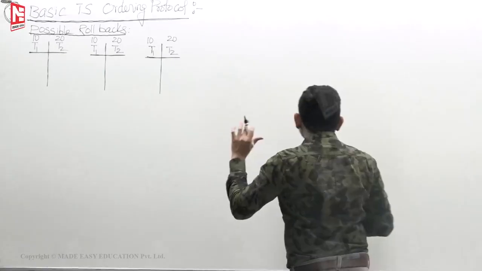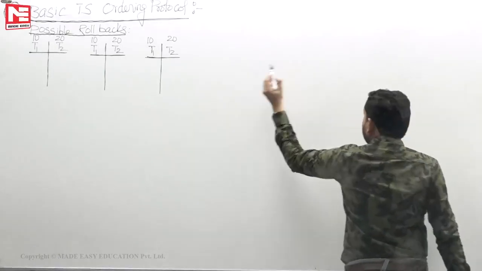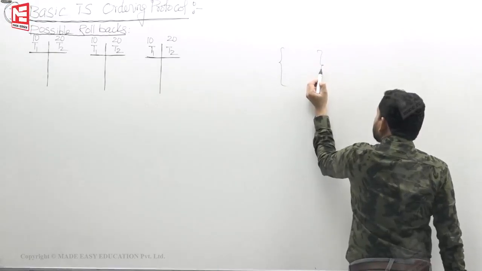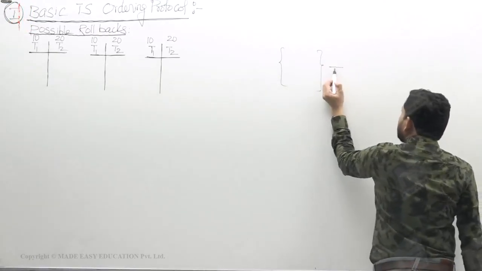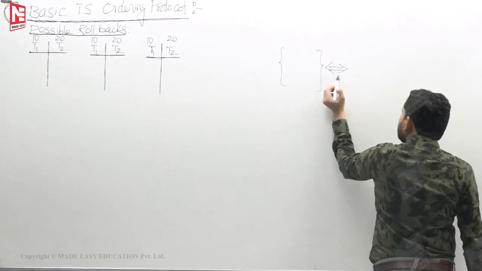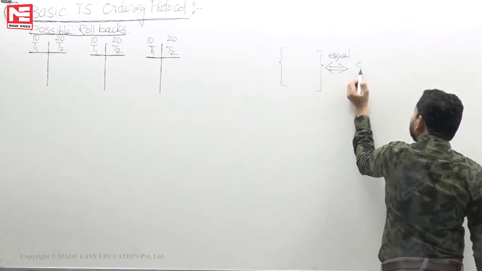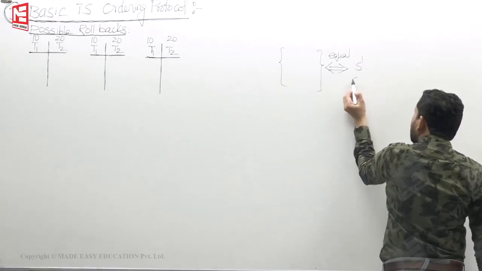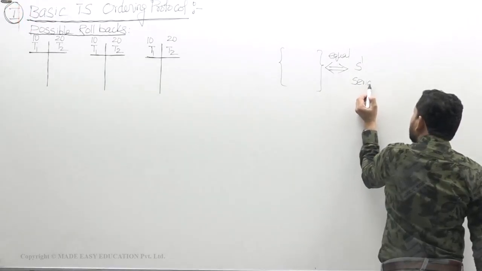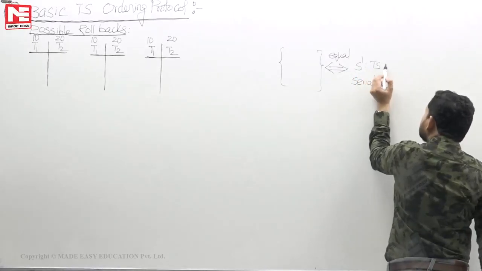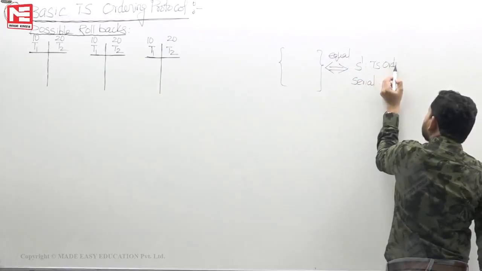The idea is the same, so let me recollect once so that you get the idea better. Concurrent execution must be equal to serial. Concurrent execution should be equal to serial based on timestamp order, which is the requirement.